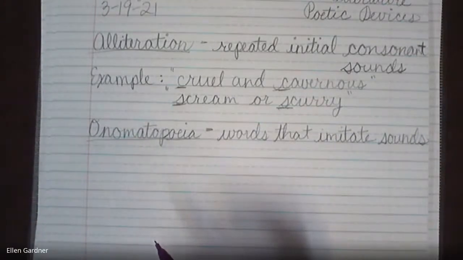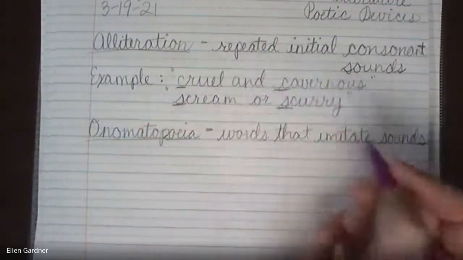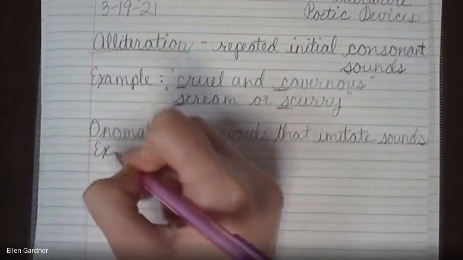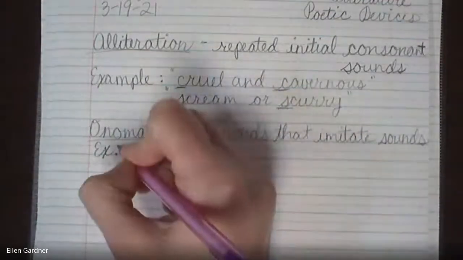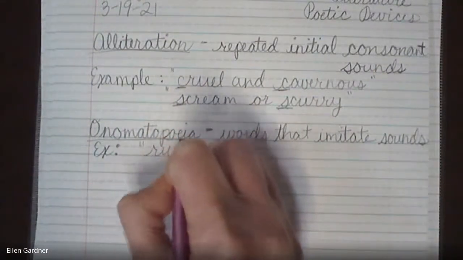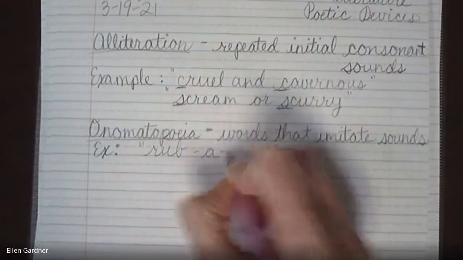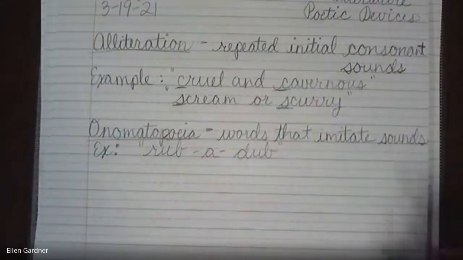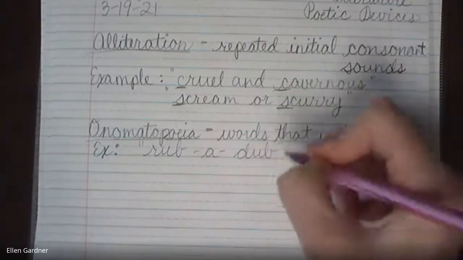So an example of this would be the fifes tooted and the flutes shrilled, and the drums went rub-a-dub-dub. So as an example, and I'm just going to put EX for example now. You could say rub-a-dub-dub. That part alone is the onomatopoeia.